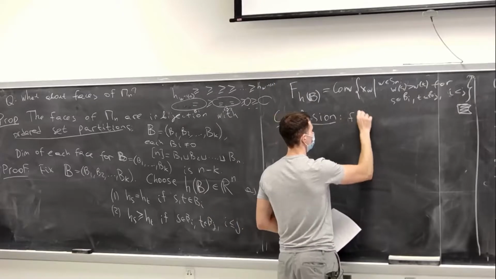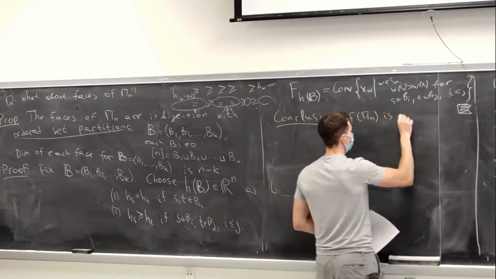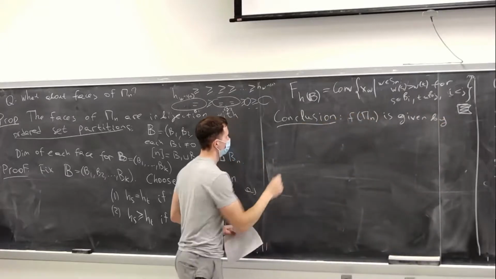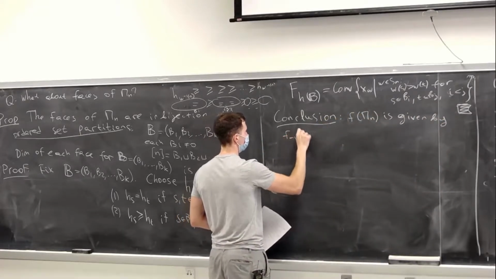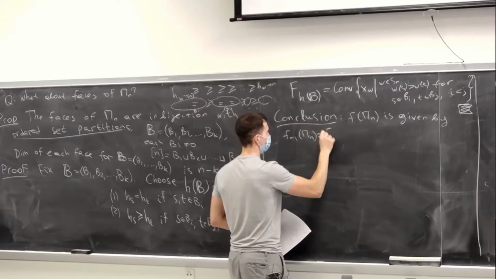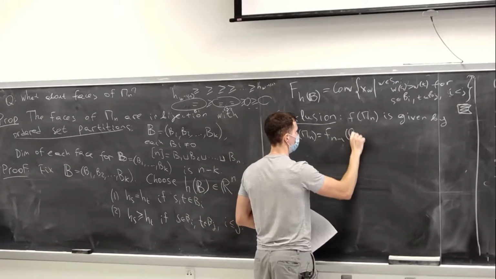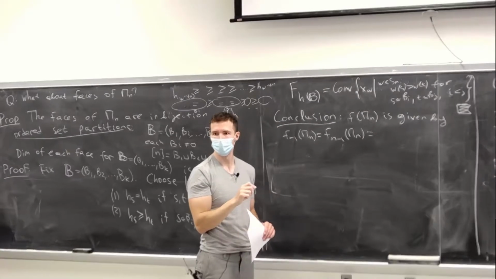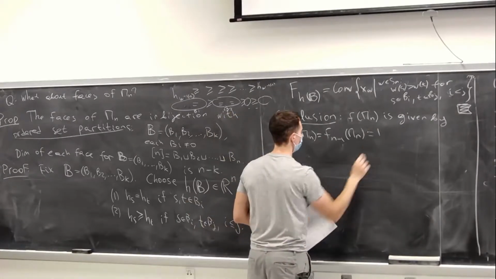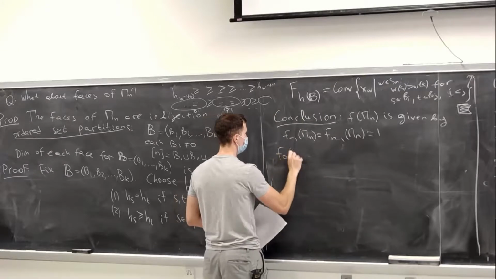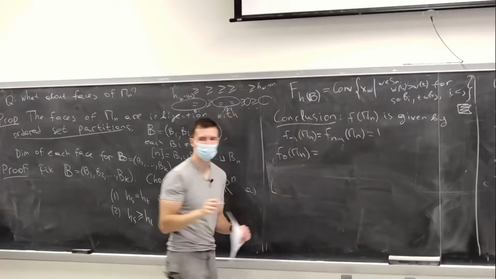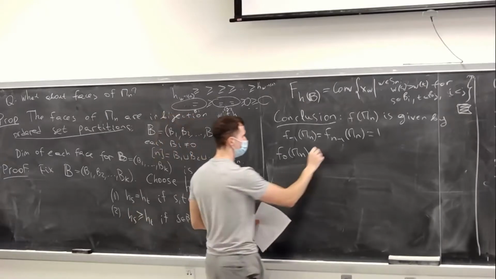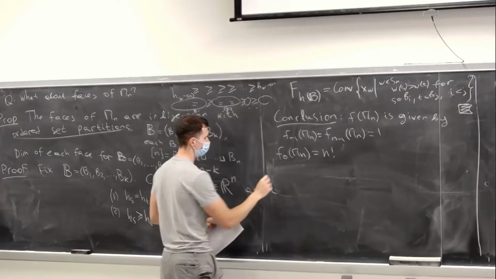The f vector of the permutohedron is given by, first of all, what is f_{-1} and f_{n-1} of the permutohedron? One. Okay. What is f_0? n factorial.